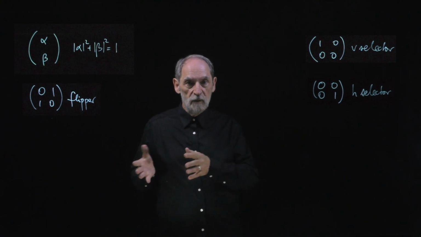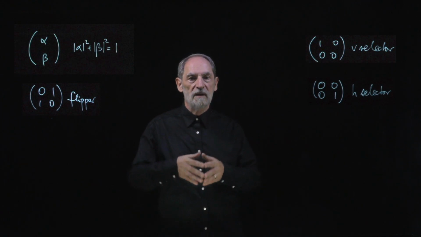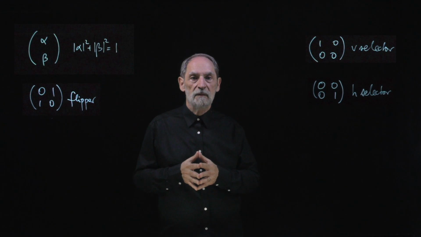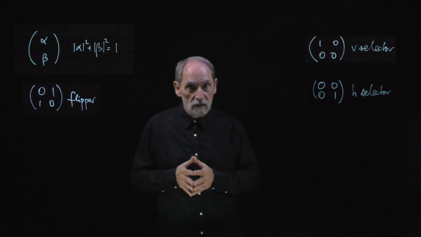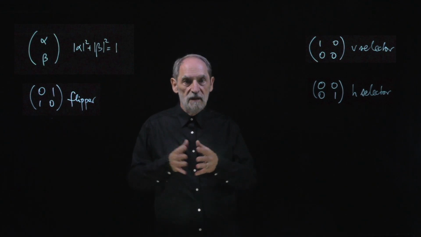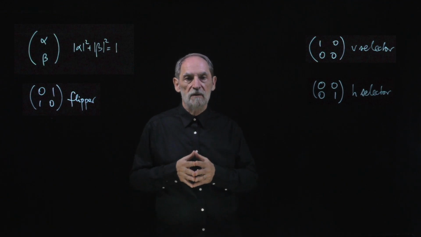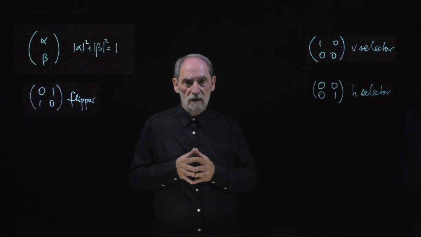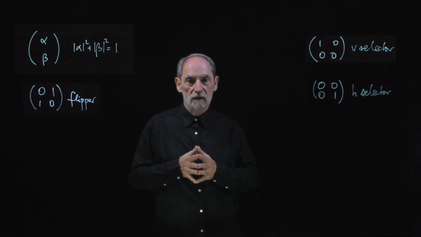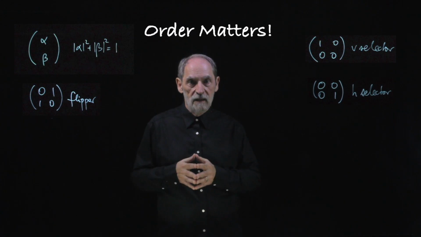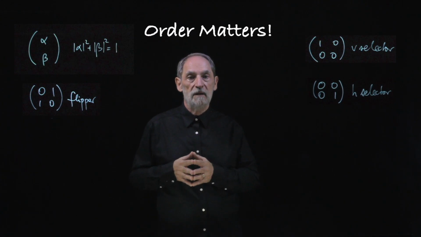Optical elements in a sequence, well, that's described by a sequence of 2x2 matrices, which are then just multiplied with each other. And that's quite fitting, because as we have seen in the example of having a flipper followed by a V-selection, or a V-selection followed by a flipper, the order in which these manipulations are carried out on the polarized photon matters, just like the order matters when we multiply matrices.